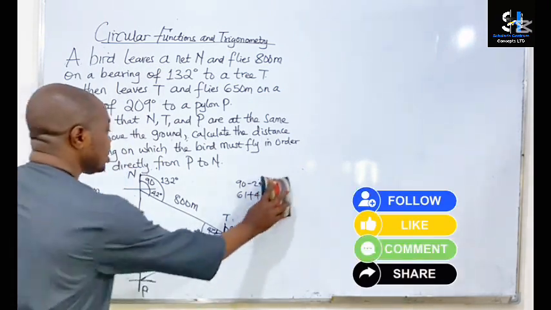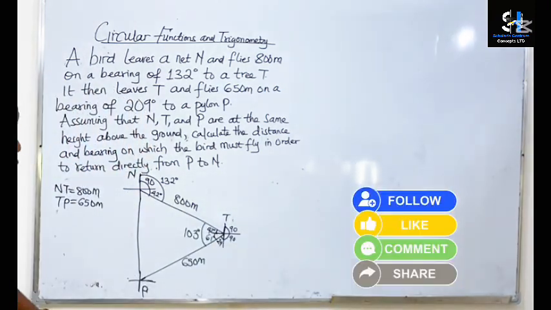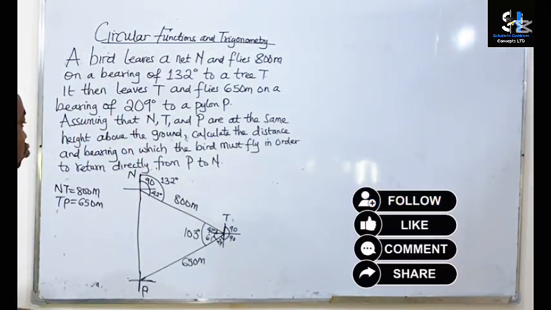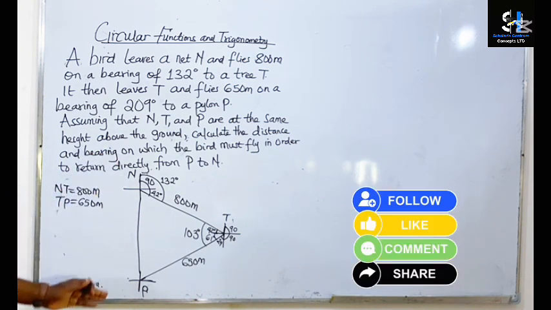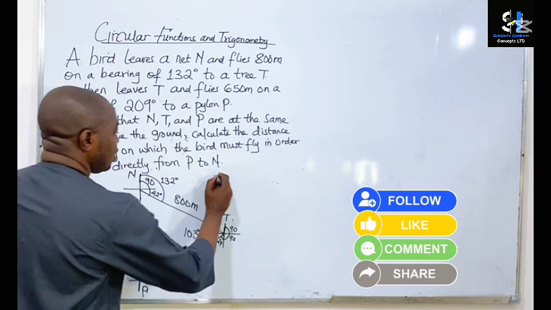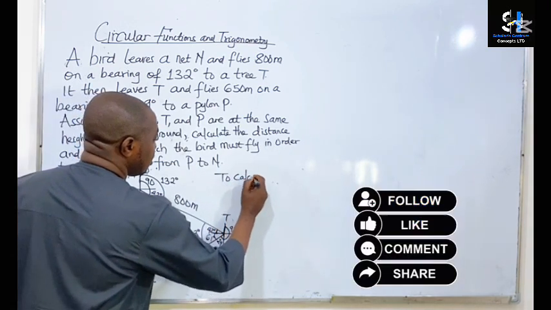We are asked to calculate the distance and the bearing. To calculate the distance, we apply the cosine rule. We want to know what is PN.